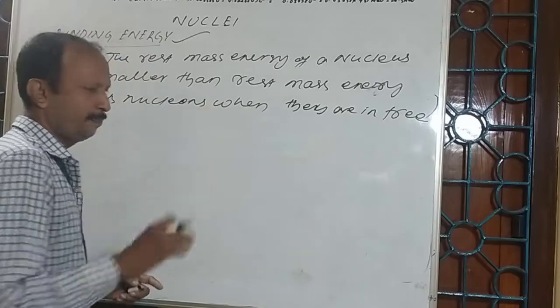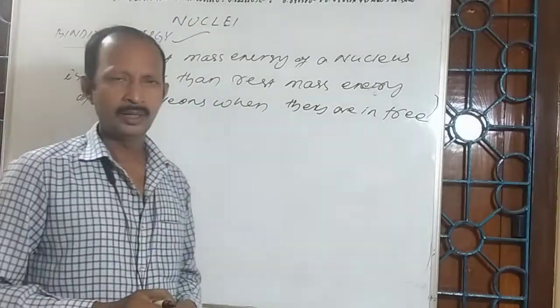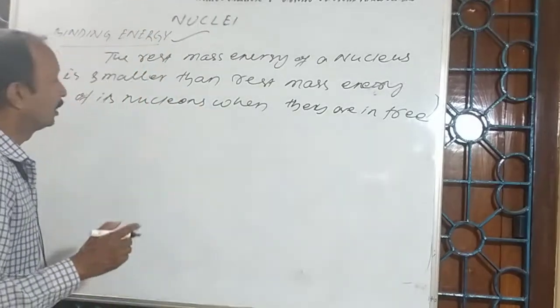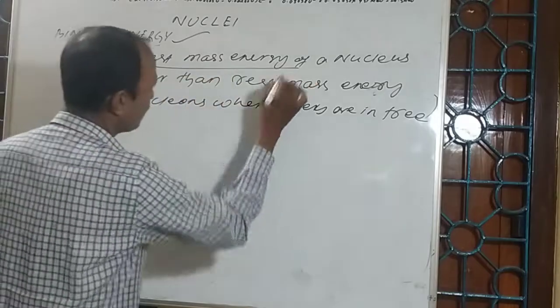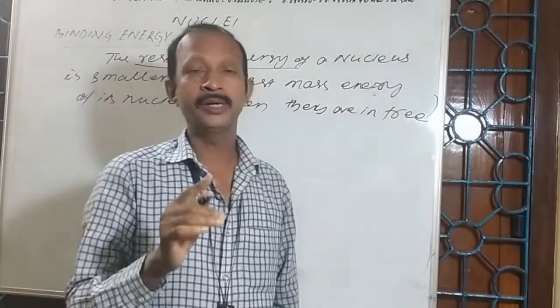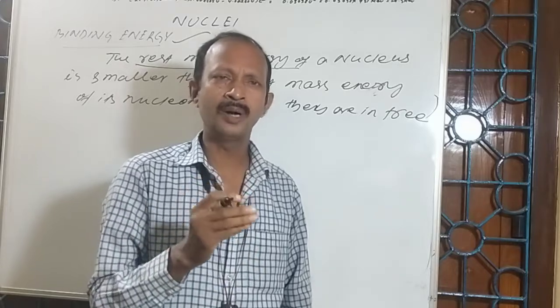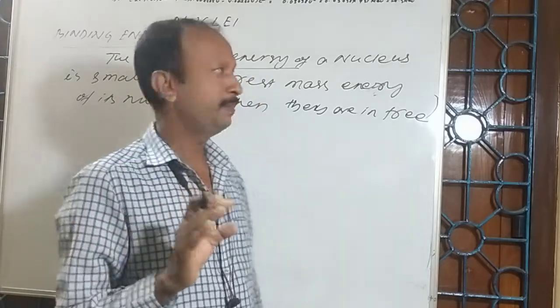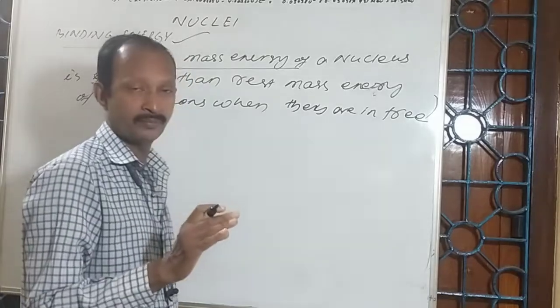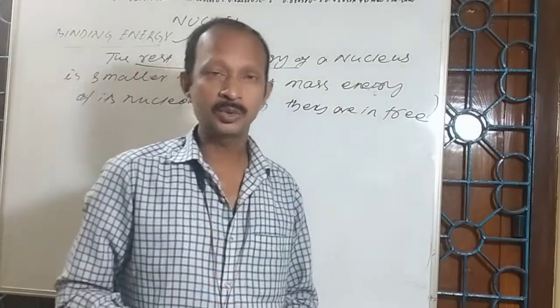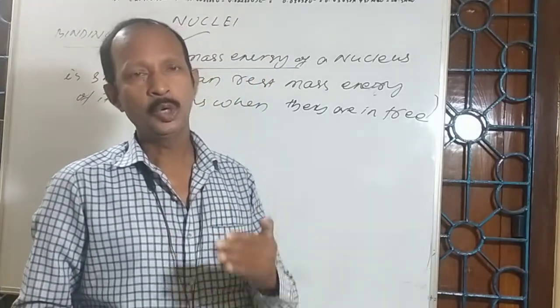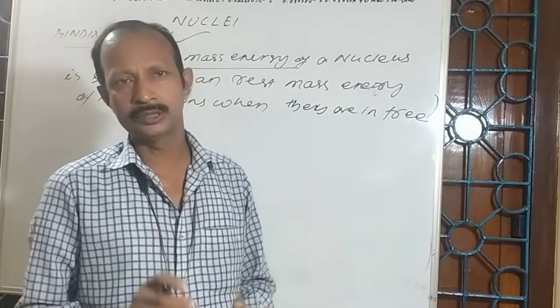For example, I have written the term rest mass energy. According to Einstein, mass is the condensed form of energy. Rest mass energy means the energy associated with the particle when it is at rest.